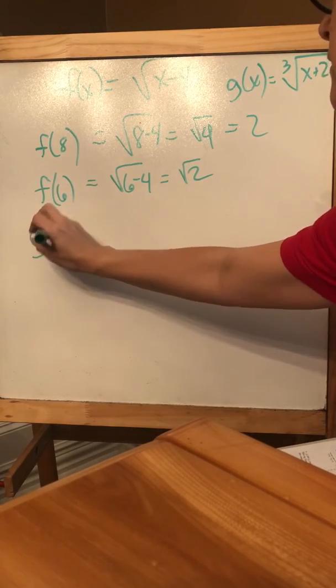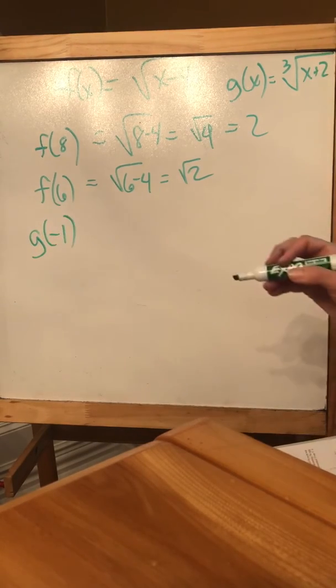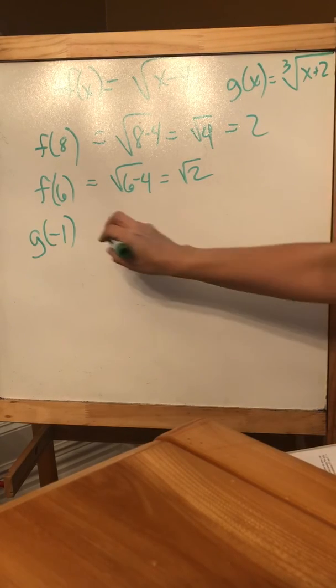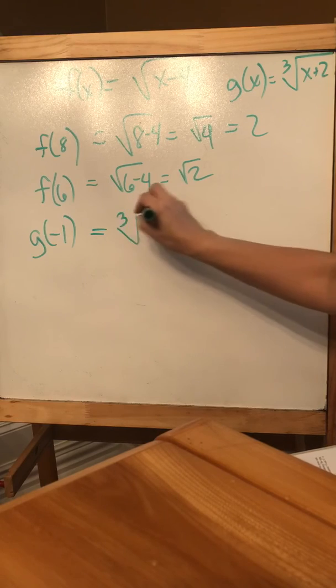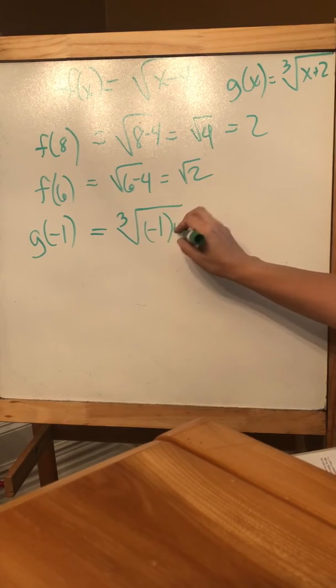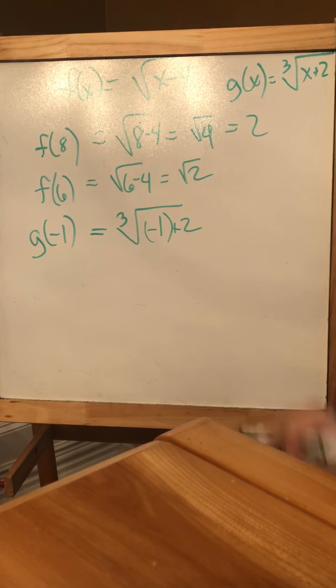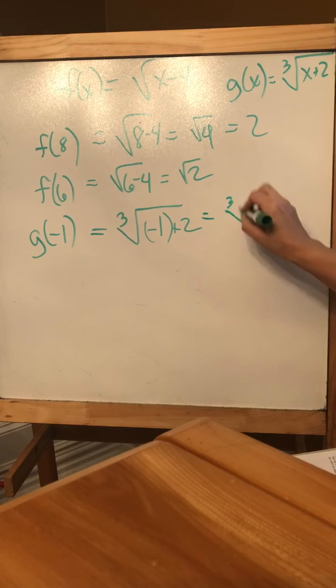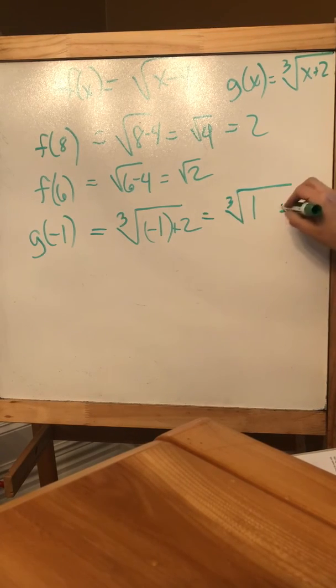Next we have g of -1. So if this x is -1, let's plug it in. So we have the cube root of -1 plus 2. What is -1 plus 2? So we have the cube root of 1, which is just 1.